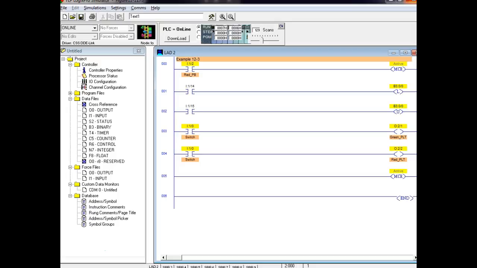And chapter 4 has the electrical symbols. So 4 through 11, just symbols.